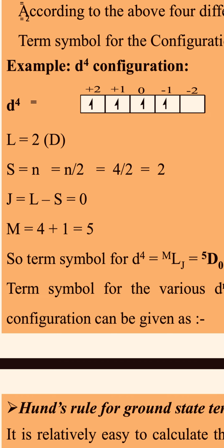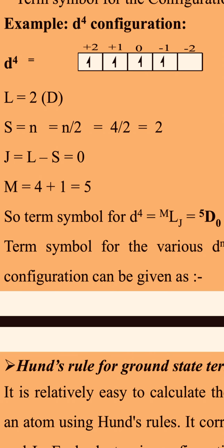If we get L equal to 2, then our term will be D. That is what L equal to 2 means, representation D. Then S is n by 2, which is 4 by 2. How do we get 4 by 2? Because we found it using 2S plus 1.